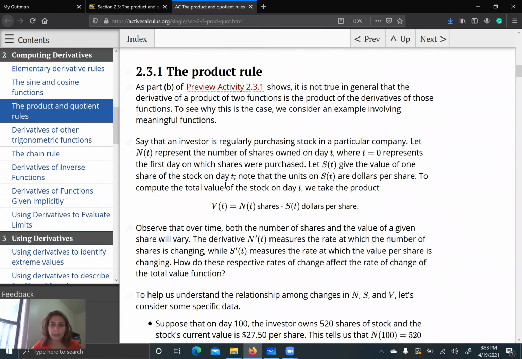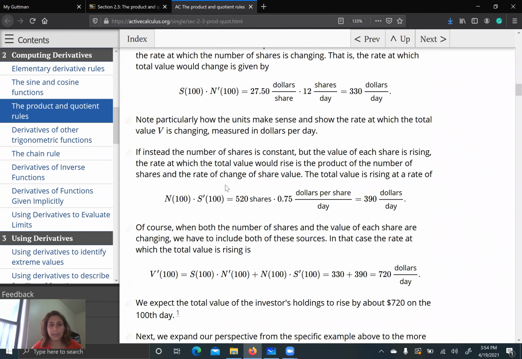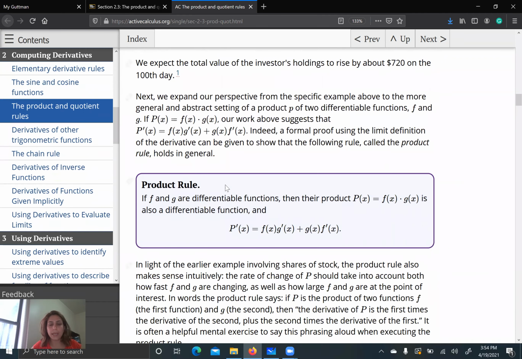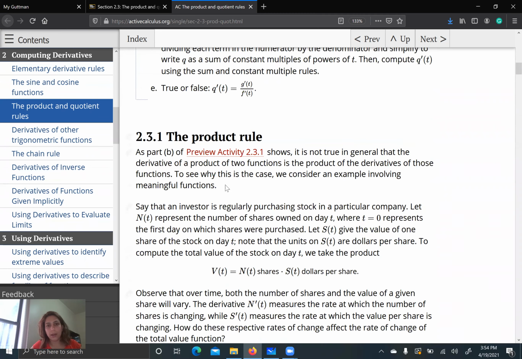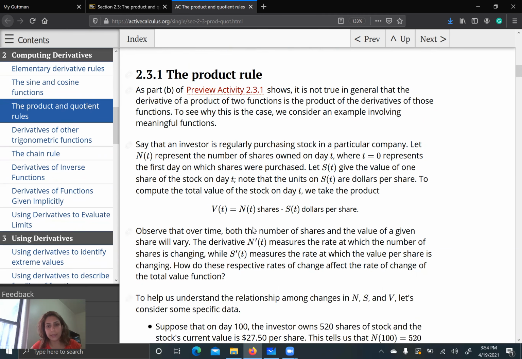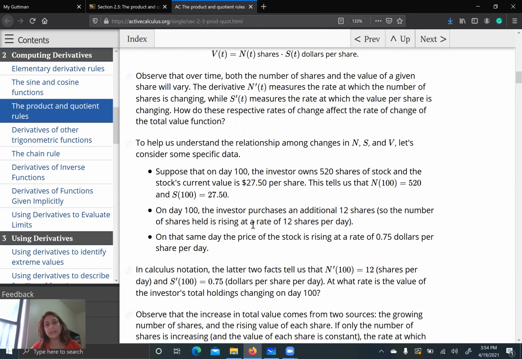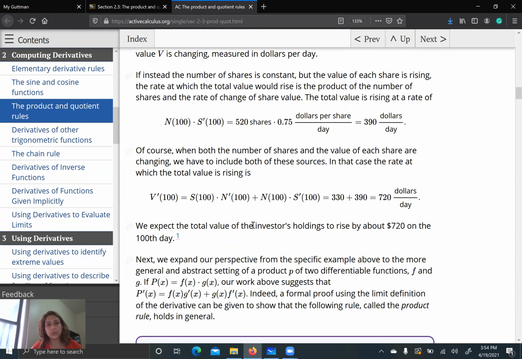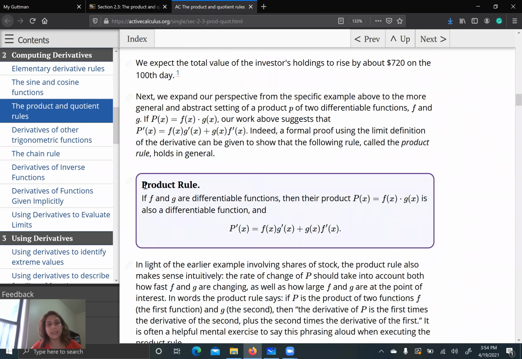And also I recommend you read over this example, because in this video we don't have the time to go over it. The idea of this example is to show the proof of this rule, how this rule came about.